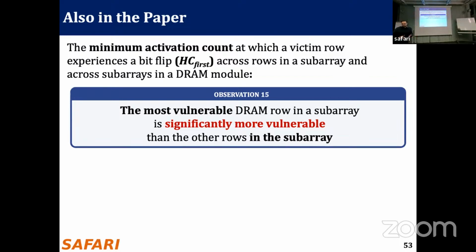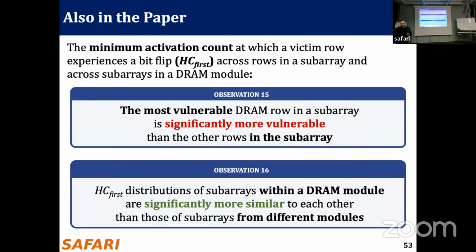And we conclude that the most vulnerable DRAM row in a subarray is significantly more vulnerable than the other rows in the subarray. So we have some significant variation across rows within a subarray. And when we compare the AC-first distributions across subarrays, we observe similar distributions across subarrays in a DRAM module.